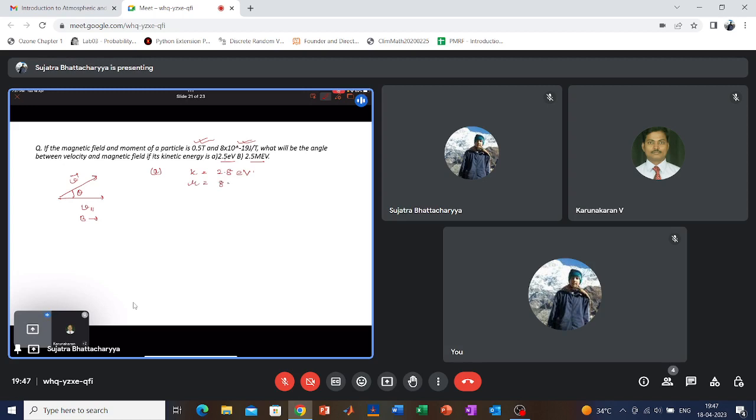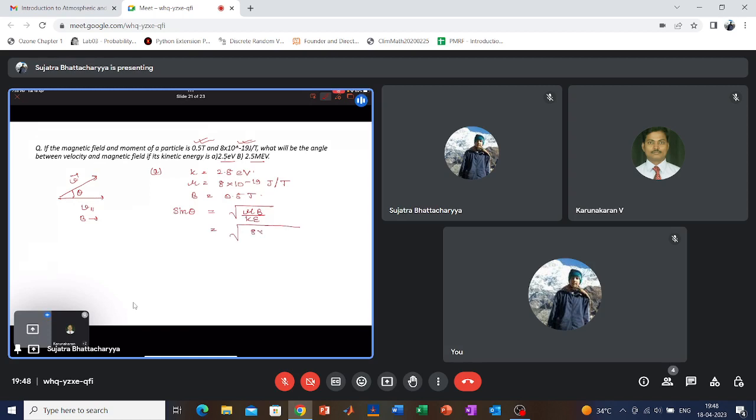So 8 into 10 to the power minus 19 joules per Tesla is the magnetic moment, and B is 0.5 Tesla. And we know very well from the expression of magnetic mirroring that sine theta will be equal to root over mu B upon kinetic energy. So you just have to calculate.